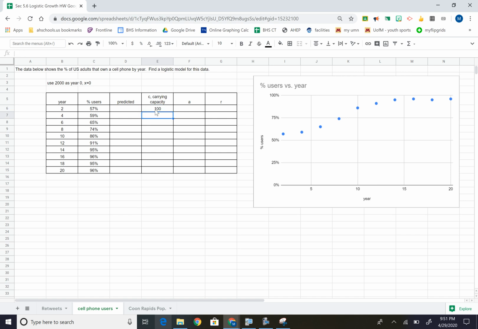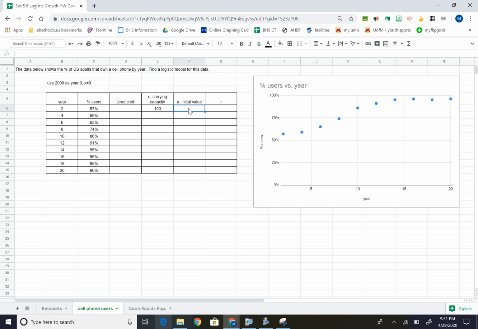All right. Our A value kind of relates to our initial value, our starting amount, our Y-intercept. But it's kind of a weird inverse relationship type of thing. Our Y-intercept here is pretty close to 50%.